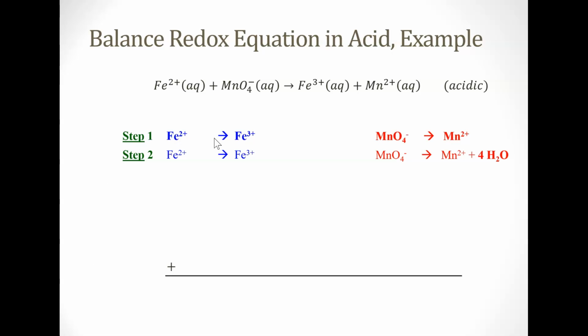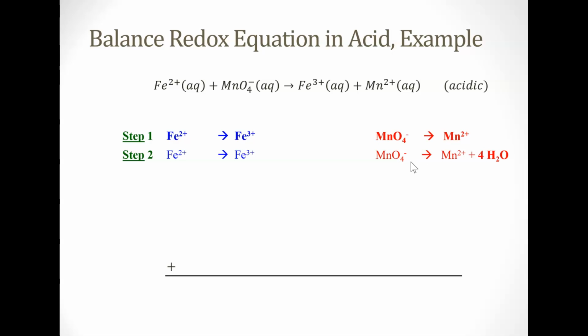So the first step is splitting into two half reactions. We have the oxidation half reaction and the reduction half reaction. The next step is to balance the number of atoms. Iron, we're all set with iron, 1 iron ion, 1 iron ion. 1 manganese, 1 manganese.